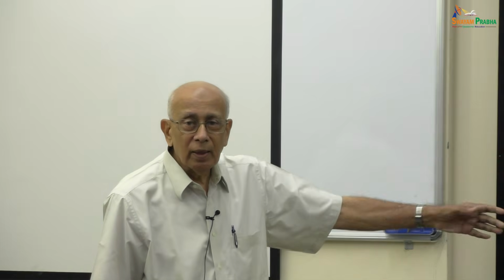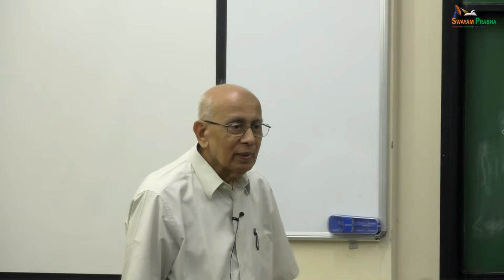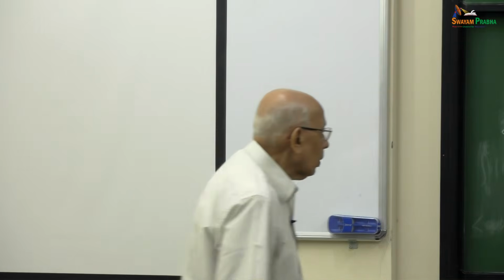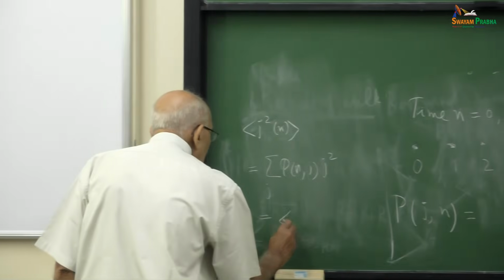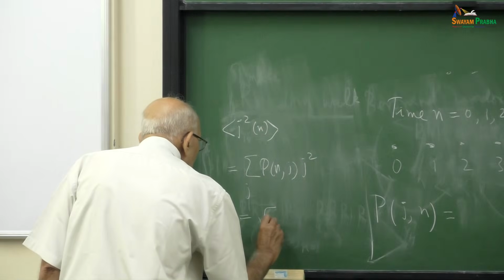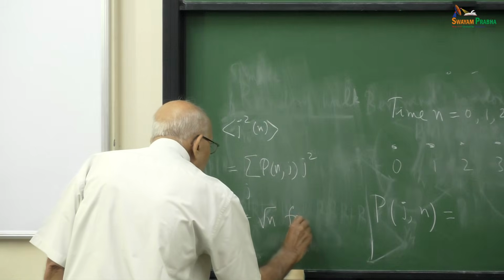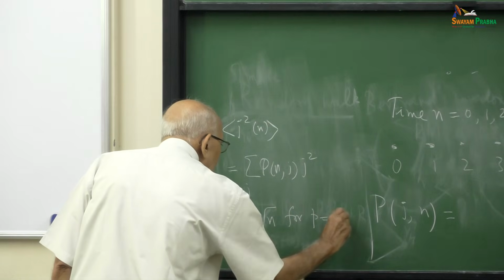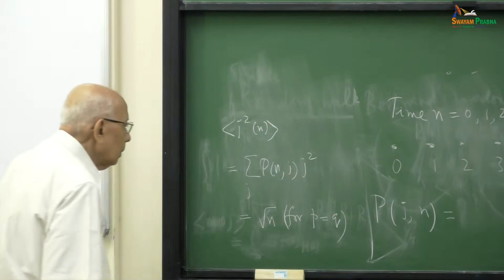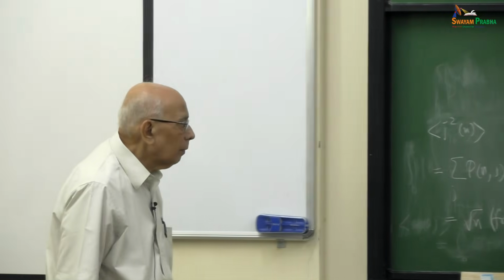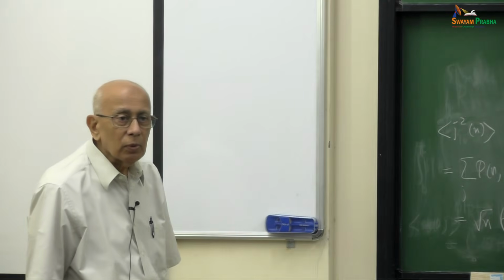We just saw the earlier polymer problem in 3 dimensions. What answer did we get there? Root n. So I want you to show that this is equal to root n of t equal to... That's an exercise for you.